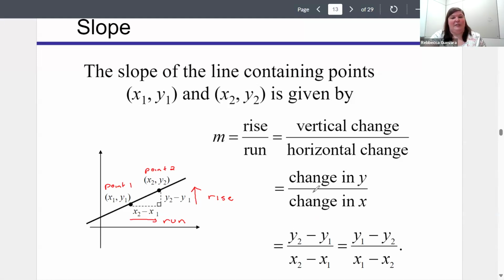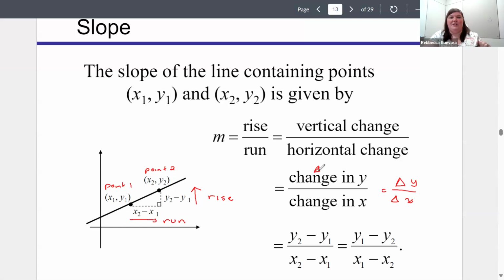So one way that we do this is, like I said, rise over run. You've seen that. Vertical change over horizontal change. We called it a change in y over a change in x. You've also probably seen this before. So this triangle also means a change, just a replacement for the word change.